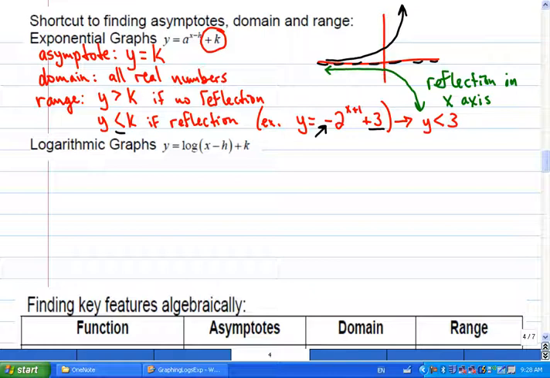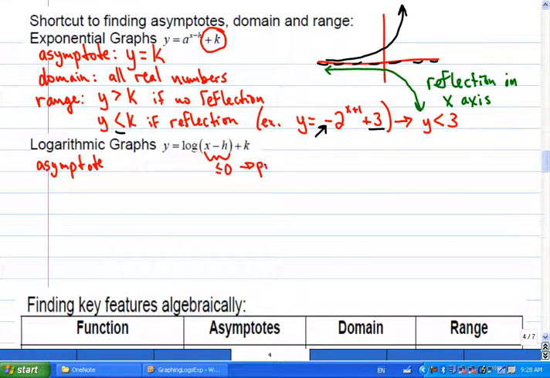In the logarithm graphs, if we wanted to find the asymptote, then we have to think about where the problems occur. What we said was we couldn't have a situation where the value inside here was less than or equal to 0.